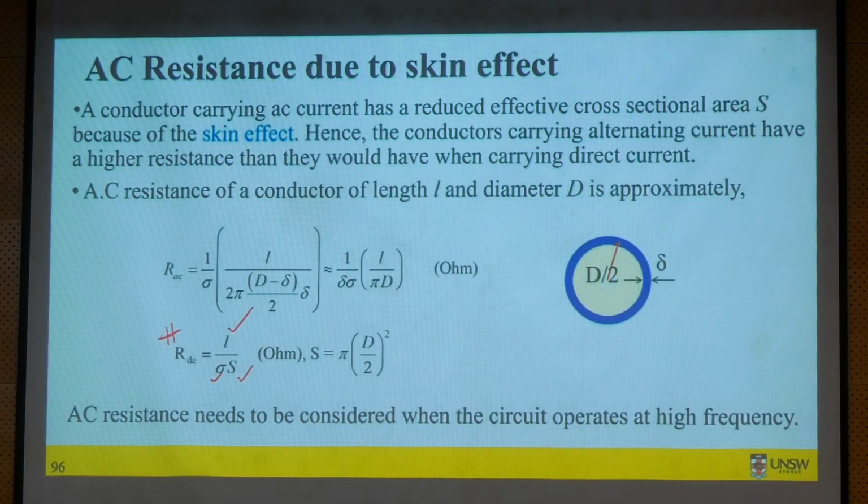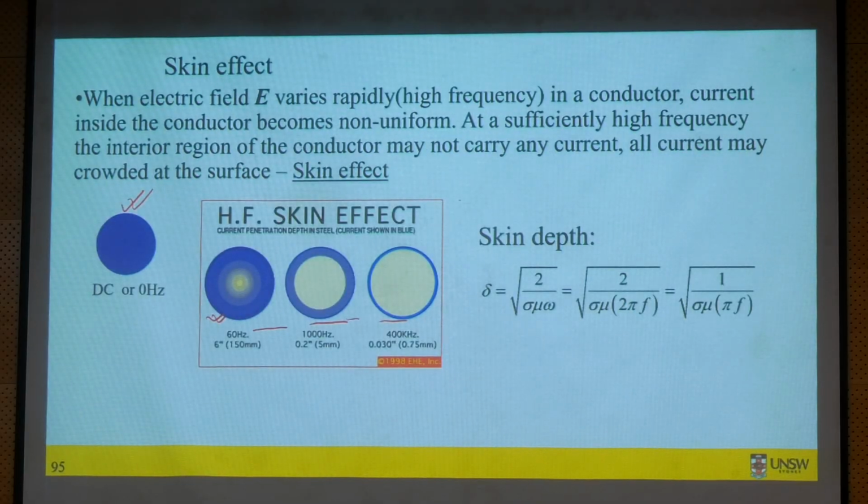We have to also consider this skin effect phenomenon, and skin effect can be accounted for by the classical skin depth formula. It depends on the conductivity of the material, the permeability of the material, and the frequency, the angular frequency omega.